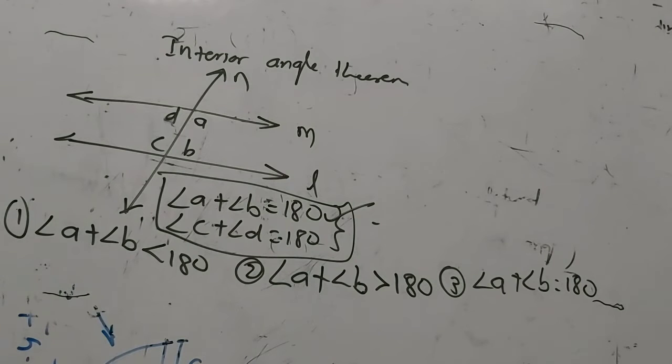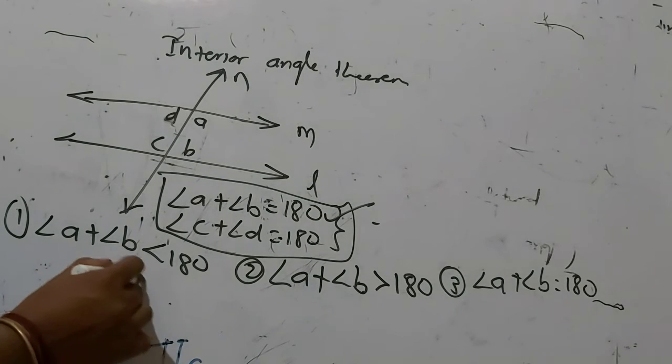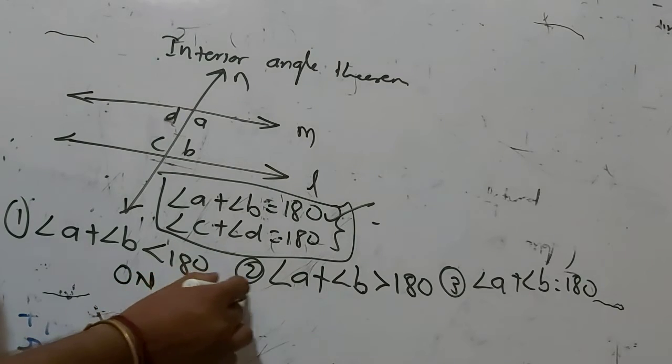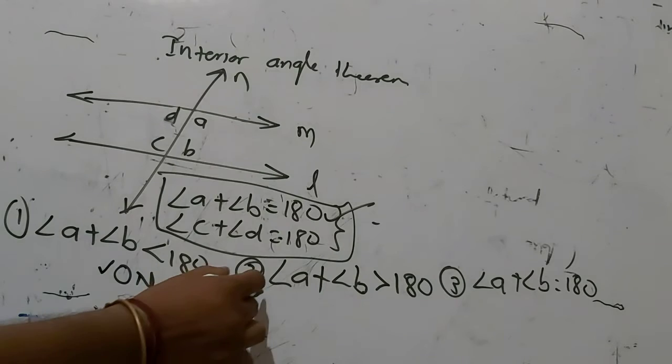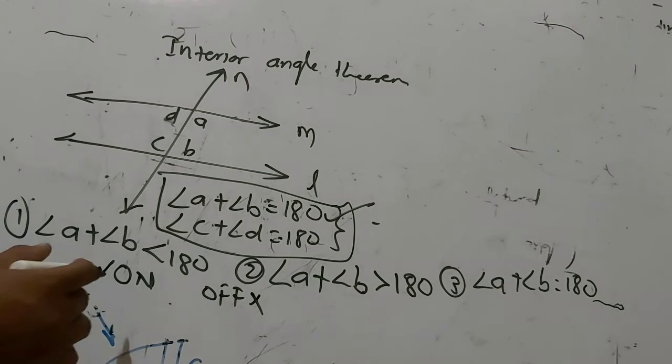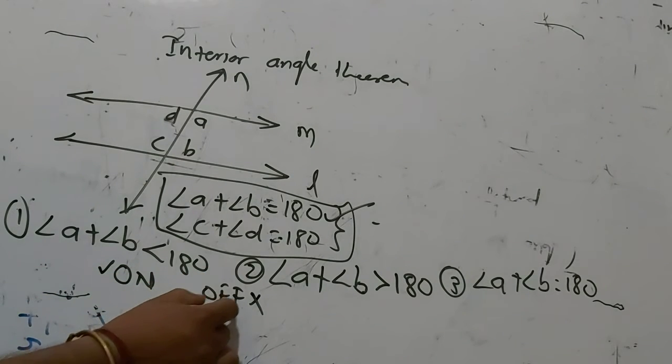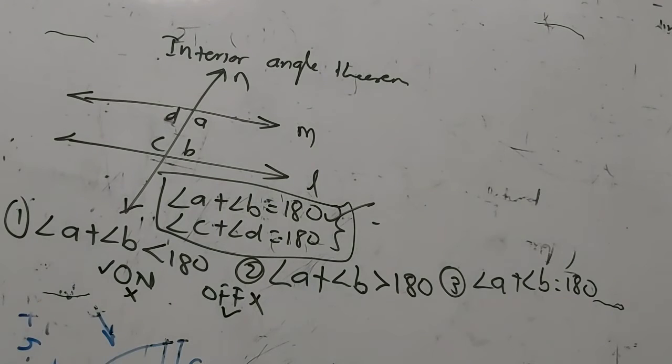Now for an example, in your home a switch is there, which will be on or off. So only two possibilities are there. If it is on, then it is not off, or if it is off, then it is not on.